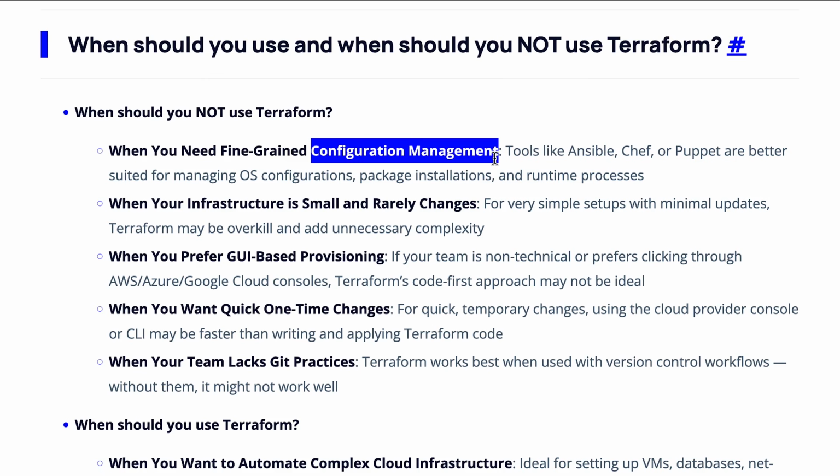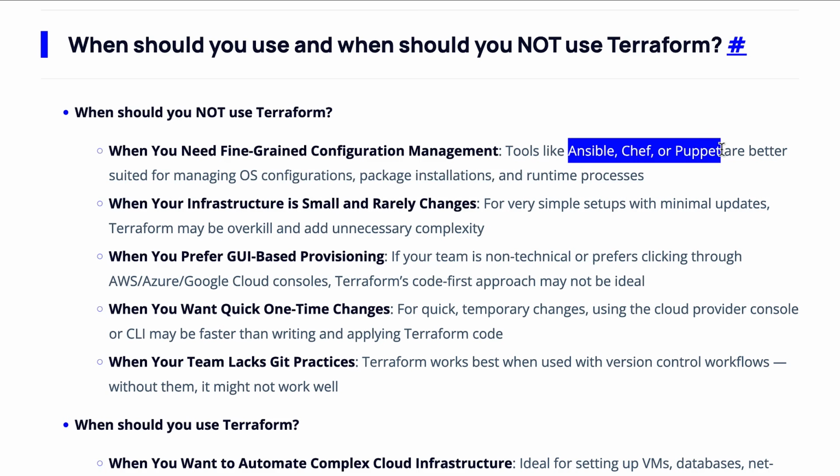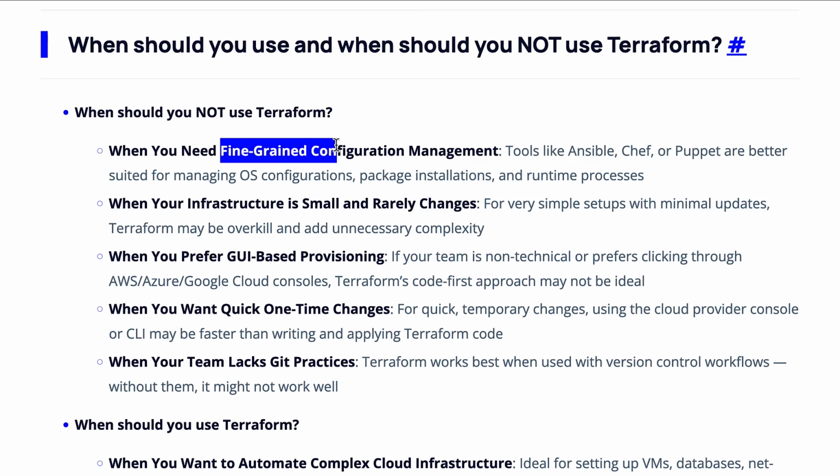That is configuration management: managing OS configurations, package installations, and runtime processes on the server. So this is inside a specific virtual server. That is what is called configuration management. Tools like Ansible, Chef, and Puppet are great at that. They are great at configuration management. So if your task is focused on fine-grained configuration management, maybe Terraform is not the right tool.